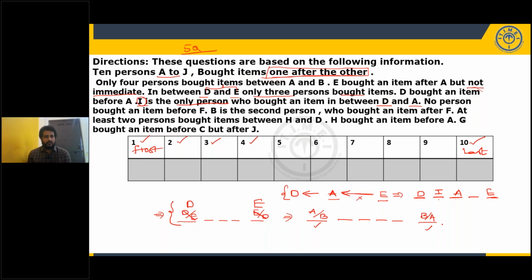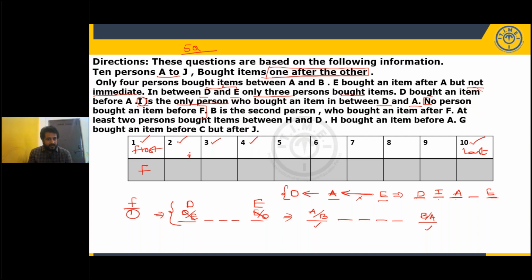Okay, let's see what is given. No person bought an item before F. It is a definite clue which can be fixed in the arrangement directly. No one bought before F means F must be the first person. So F will be here. Now what is given? B is the second person who bought an item after F. After F is here.